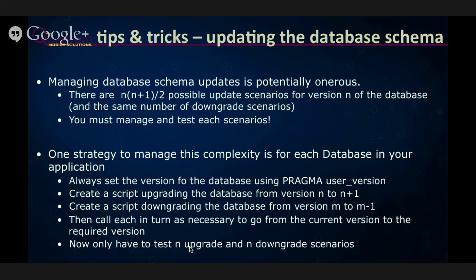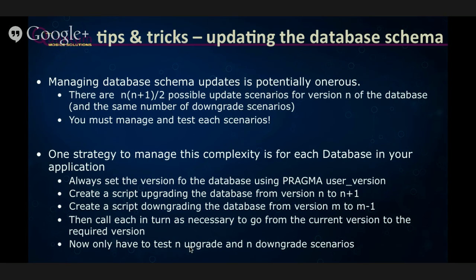So now you're only going to have to test n upgrade scenarios, not n times n plus 1 times 2, divided by 2, which is a lot. You've decreased the complexity. It is slower when you have to upgrade from multiple versions, but you've decreased the amount of work you have to do massively.